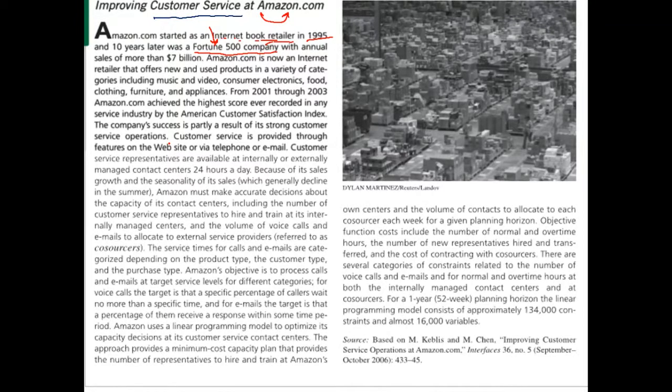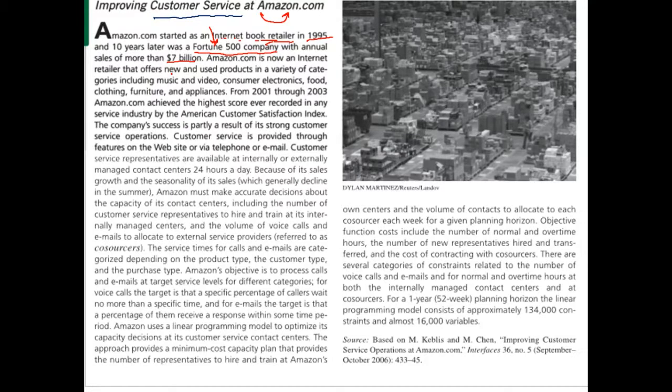You should know on what basis. We don't have time to discuss that, but as a business student, you should know what criteria Fortune uses to decide whether a company is in the top 500. Here it's given that Amazon's annual sales became $7 billion in 2005.